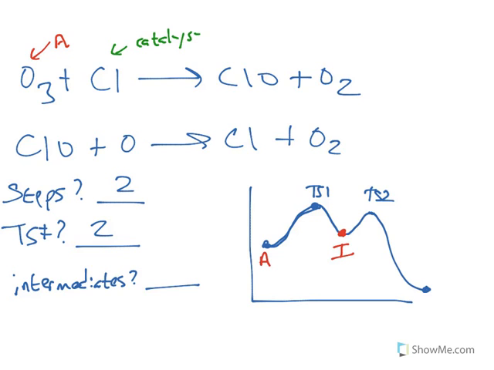And notice the catalyst appears here. Catalyst consumed and then reproduced at the end. We have the intermediate, right? The intermediate is what is produced.